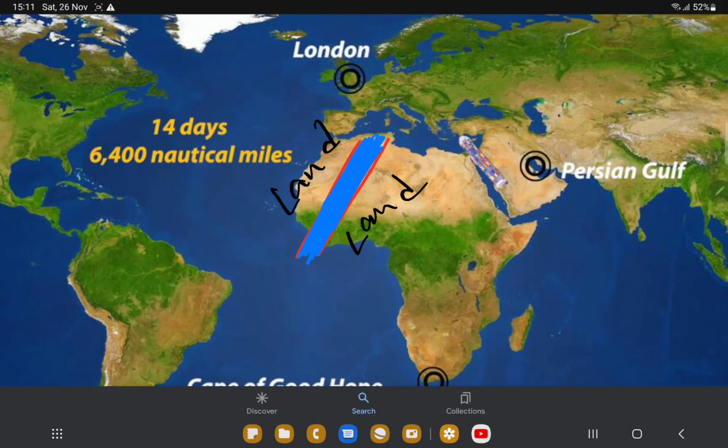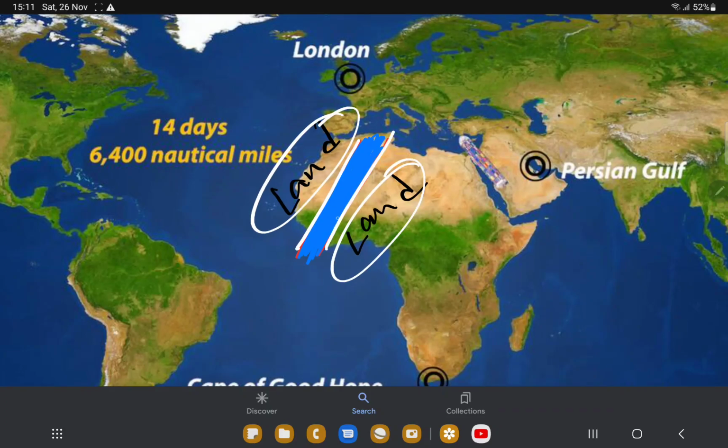In the last class, we discussed water bodies, right? So here land will be there, here also land will be there, and in between, water will be there. This kind of thing is called a canal. There are many canals in this world.